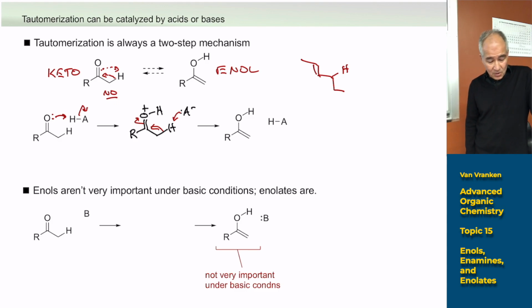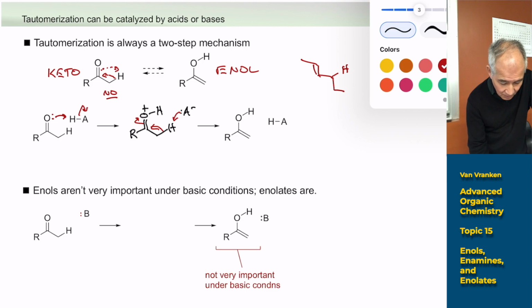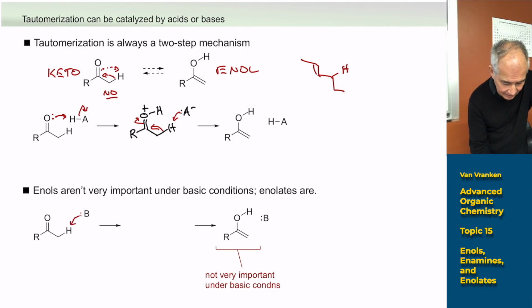So, what about base-catalyzed tautomerization? If you threw a base in, can you catalyze and accelerate the rate at which you form enol? The answer is absolutely yes. Of course you can have bases accelerate the rate of keto-enol tautomerization.